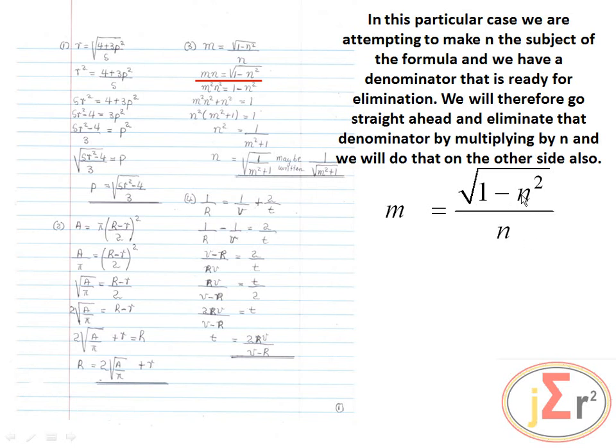Then we realize that this n that we have right here, or whatever we have here, would have been the least related to the proposed subject, and it is related by division. Therefore we would eliminate that by multiplication. But as I said before, eliminating a denominator is always a very good move.